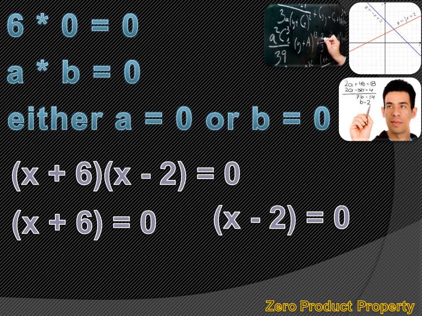So I'd subtract 6 from both sides of the equation, and I'd get x equals minus 6. Or x minus 2 equals 0. To solve that for x, I add 2 to both sides of the equation, and I get x equals 2. So I would know that my solution to x plus 6 times x minus 2 equals 0 was either x equals minus 6 or x equals 2.